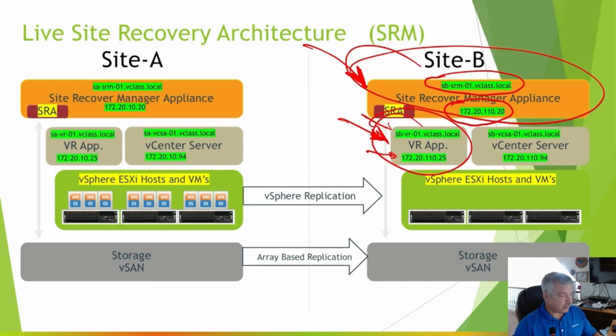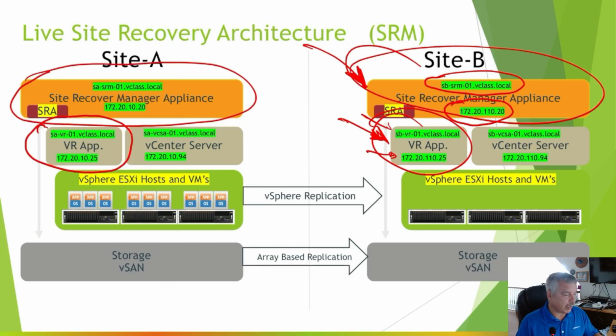What we're going to do in this video is show you how to do it in Site A. So I'm going to deploy the Site Recovery Manager appliance, and I'm going to deploy the vSphere replication appliance. Technically, it really doesn't matter what order you do it in. I'm going to do the SRM appliance first, and then I'll do the vSphere replication appliance afterwards. So what you'll see me deploy here is going to be called Site A SRM-01.vclass.local.